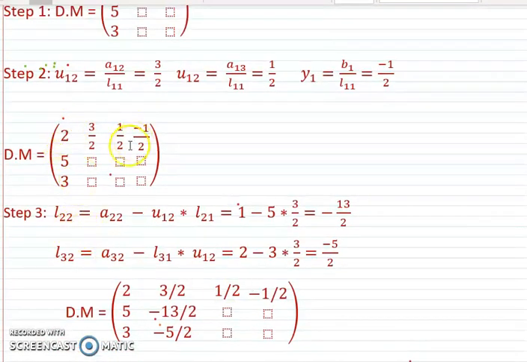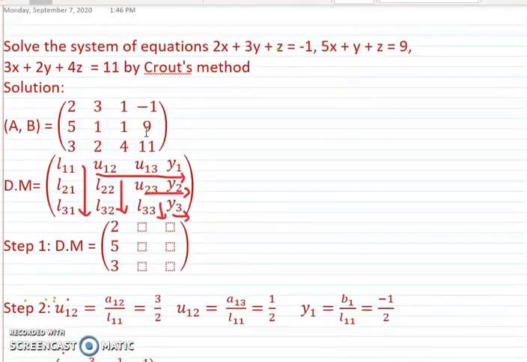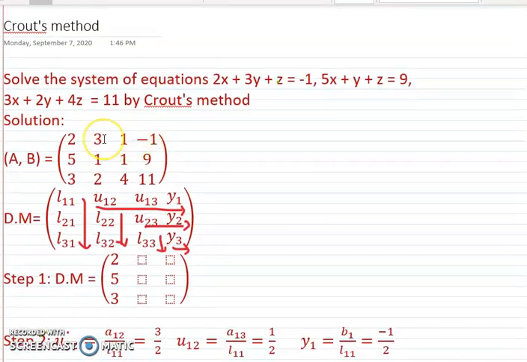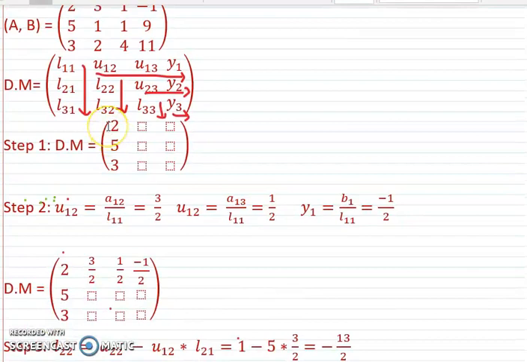And in step 2, we have to find the remaining elements of the first row. The remaining elements of the first row are obtained by dividing the corresponding elements of A, B by the diagonal element of the derived matrix. Now the diagonal element of the derived matrix is 2.